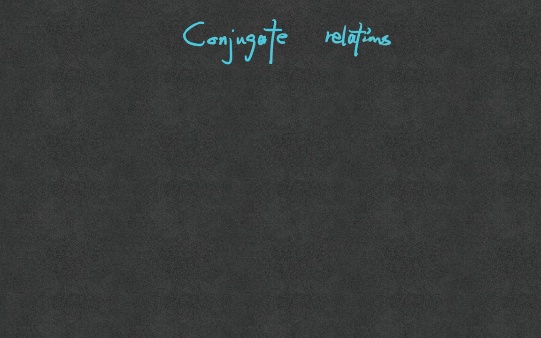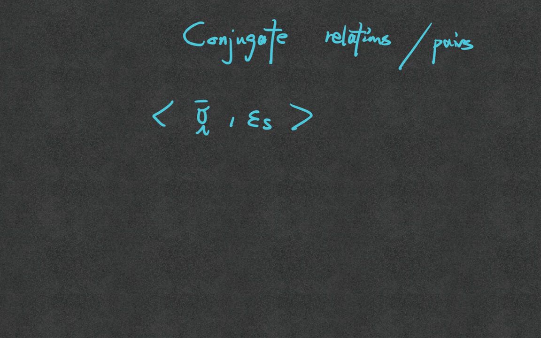We can call it conjugate relations or conjugate pairs because a conjugate relationship always comes in pairs. The first one is the effective stress, and this is actually governing the solid constitutive response.